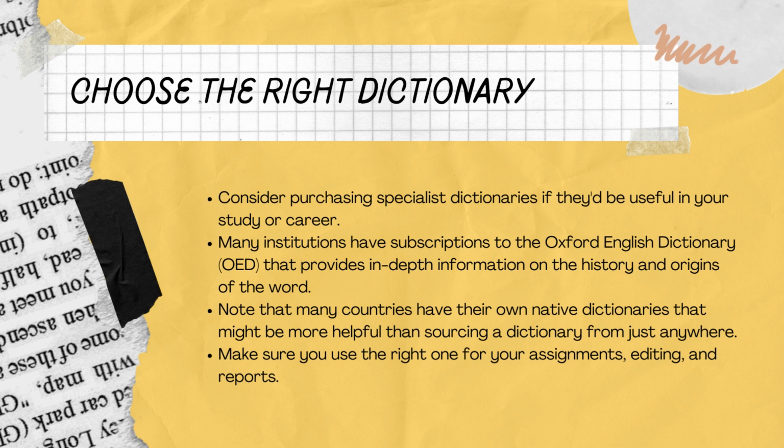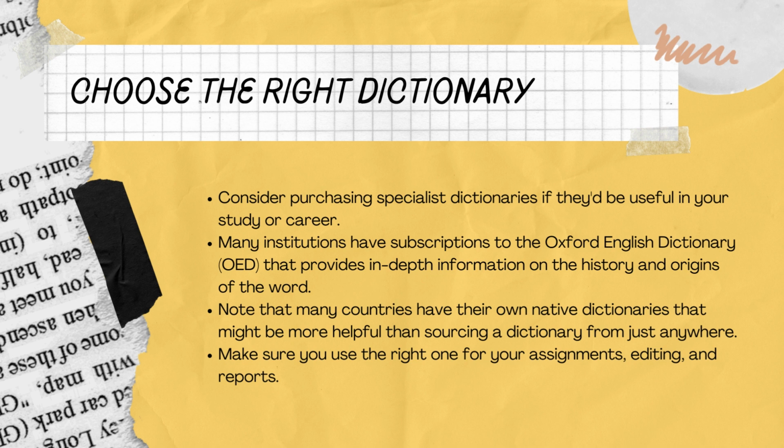So you have to consider purchasing specialist dictionaries if they would be useful in your study or career. This case is going to be focused on your studies. So since it is an English class, you need an English to Spanish or maybe an English only dictionary.